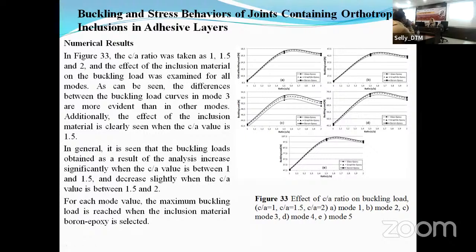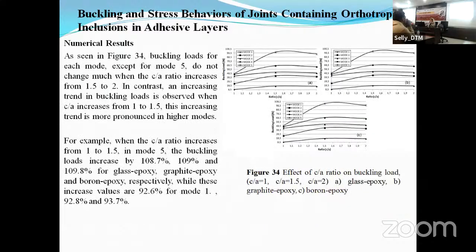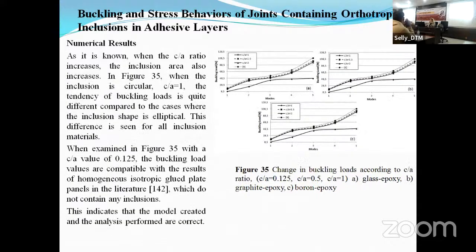Inclusion is always a problem for us, and the inclusion material is taken into consideration like that. Yes, you can see all the 5 modes, another geometry, and then what about all the geometries?